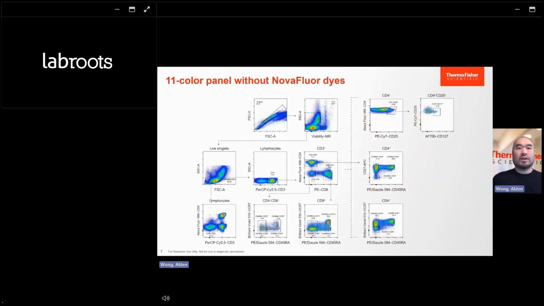This is an example of an 11-color T-cell panel without NovaFluor dyes, using the Attune NxT. With the 11 colors, you're limited to this type of T-cell analysis, but not further subset analysis.